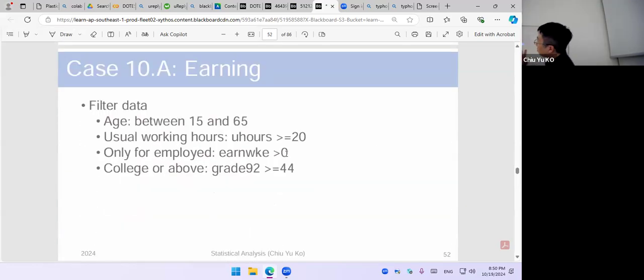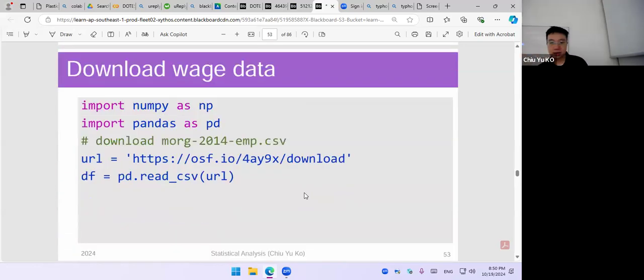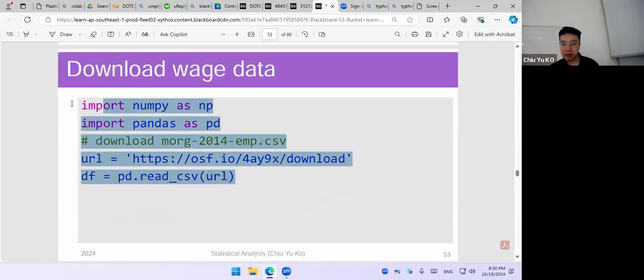So again, we filter the data by age, and here we have to restrict to those working more than 20 hours and only include the employed. Here grade 92 means high school and grade 44 means they have college or above. So that is our model. Again, we download the data here.